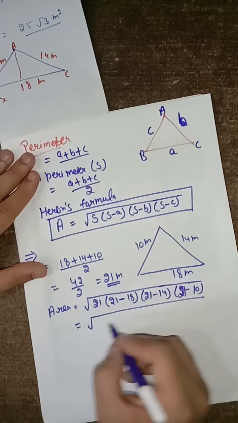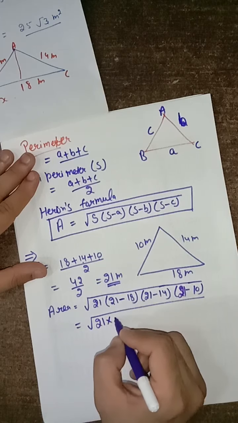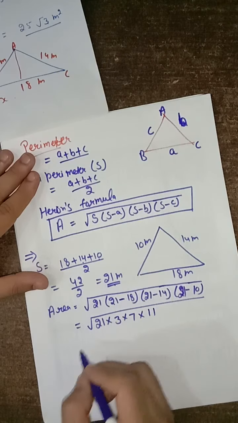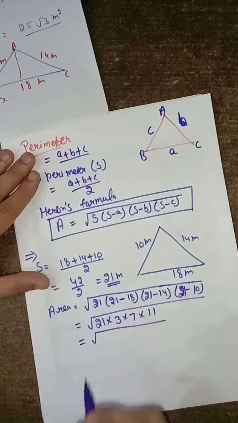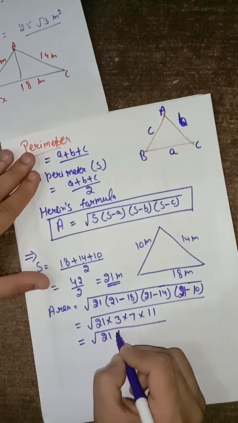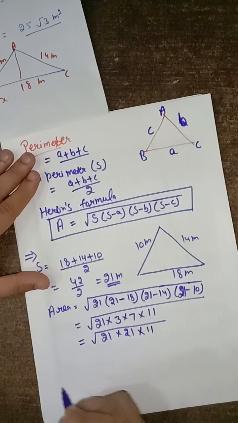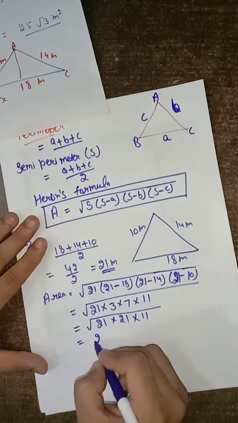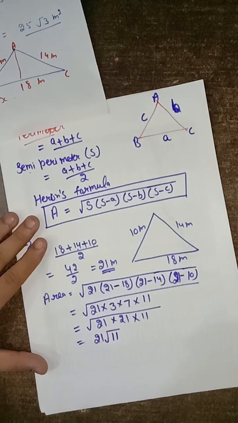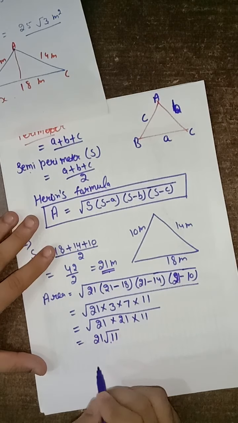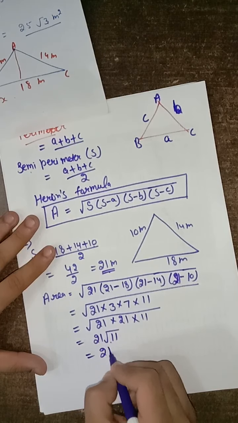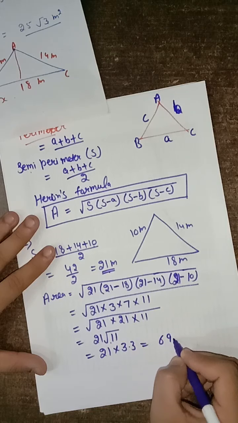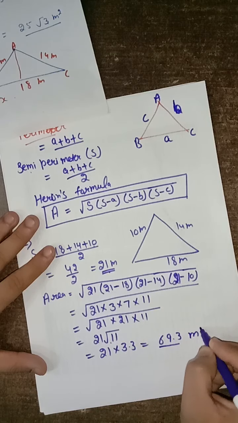Now this will become 21 into 3 into 7 into 11. Now this is 21 into 21 into 11. When we solve this square root, this will become 21 root 11. And the value of root 11 is approximately 3.3. And the area will be 69.3 meter square.